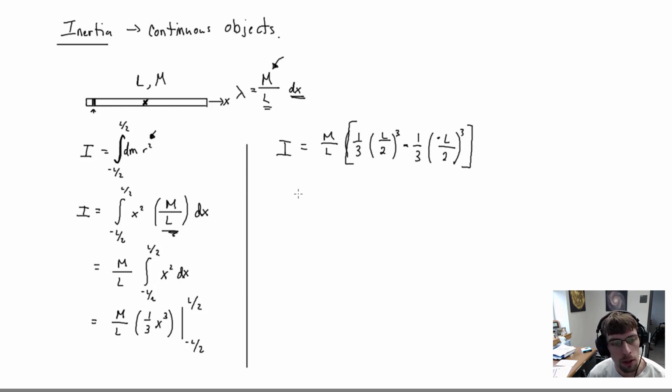So at the end of the day, we have m over L. Well, let's see, 2 to the third is 8, times 3 is 24, so I have L cubed over 24. And negative 2 cubed is negative 8, so I have negative 1 over 24 L cubed, and then I subtract it, which means I get a plus L cubed over 24.